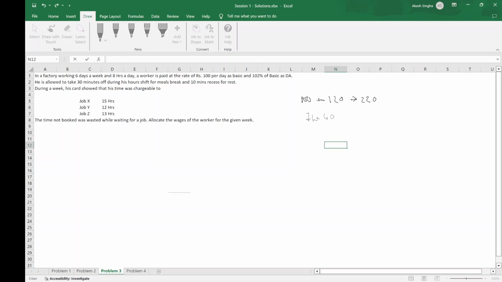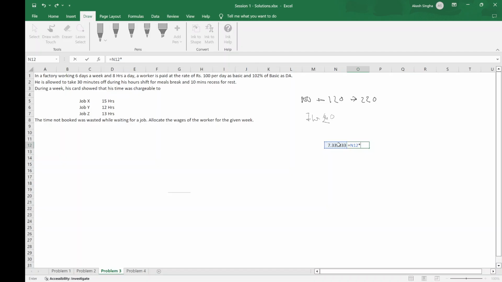So during a week he works for... sorry, 20 by 60. This would be 7 hours 20 minutes because he has 40 minutes off, which is around 7.33 hours per day.